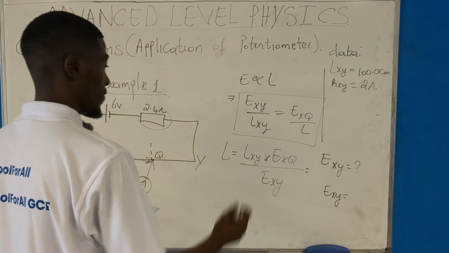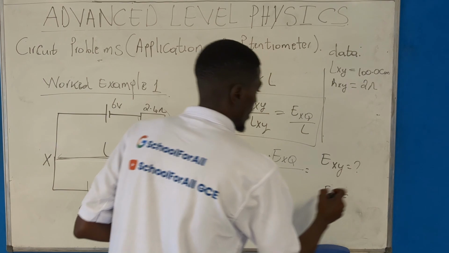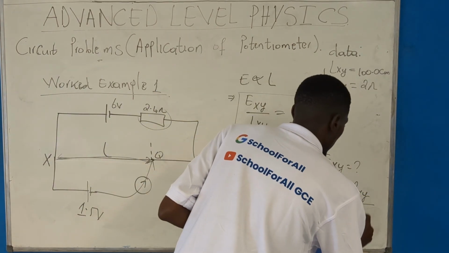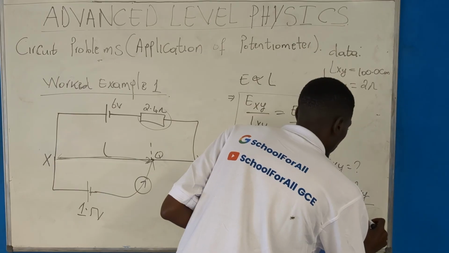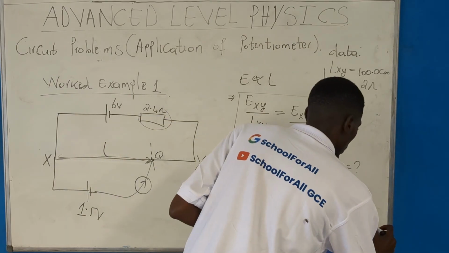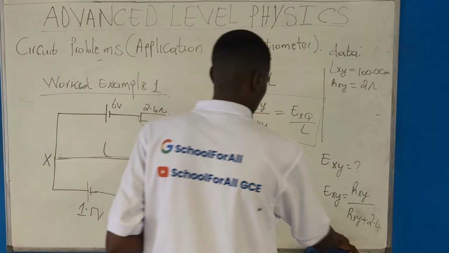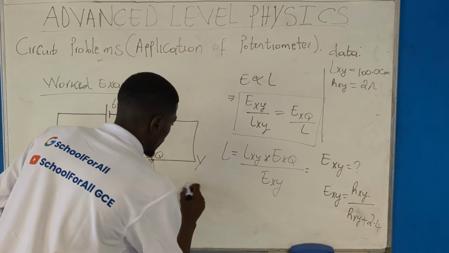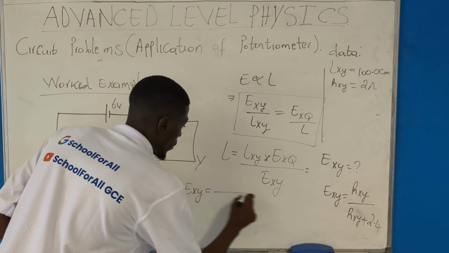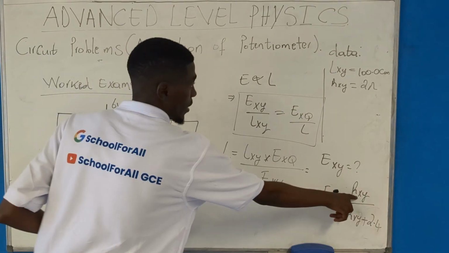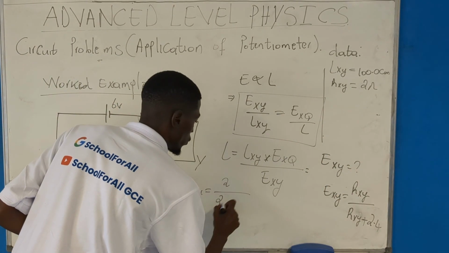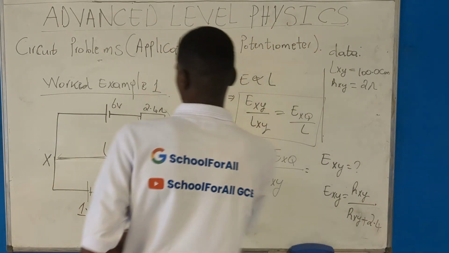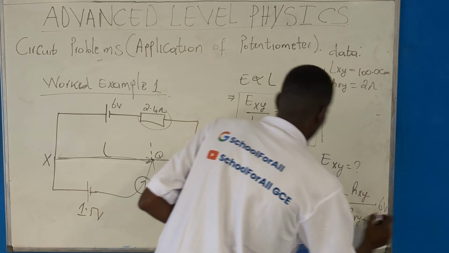Applying potential divider, EXY equals the resistance of XY divided by the resistance of XY plus the 2.4 ohms, times the voltage, which is 6 volts.